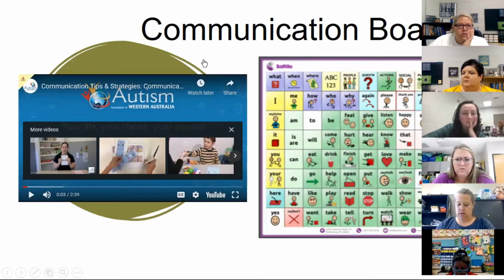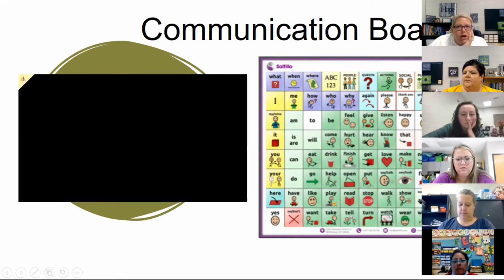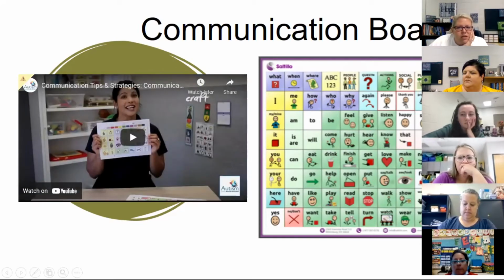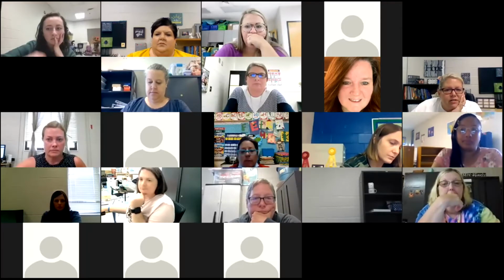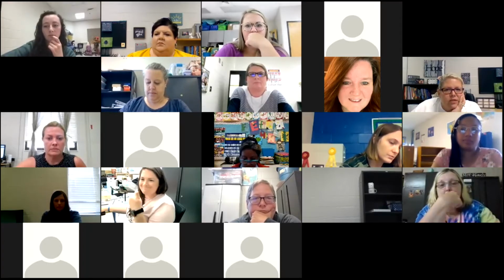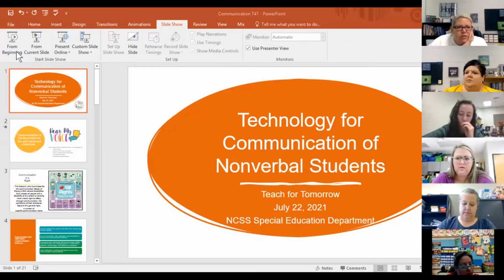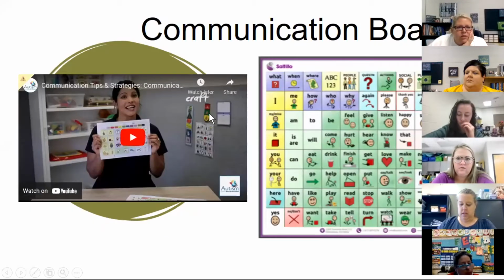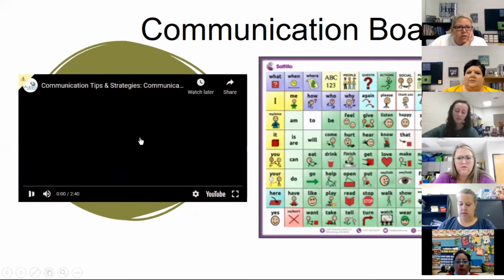Somebody said I need to click share computer sound, but I'm not sure how to do that. It's on your share screen option at the bottom of Zoom. When you go to share the screen, it has an option to share your computer sound. Okay, so I need to stop sharing and reshare and hit share computer sound. All right, let's see if it works now.